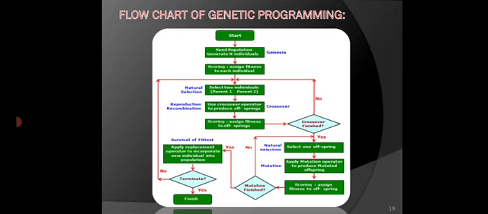Okay, after these two processes we get the fittest result out of all, and if the result is optimum then the program terminates, and if not then it will start again from selecting the individual parent.